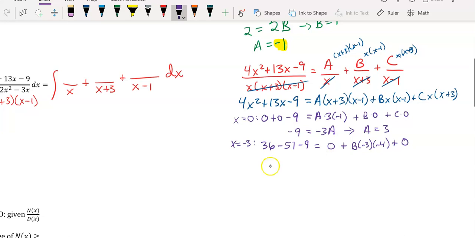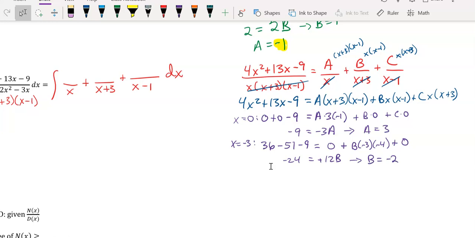So solving this, I have 36 minus 60 is negative 24 equals positive 12b, so b is equal to negative 2.